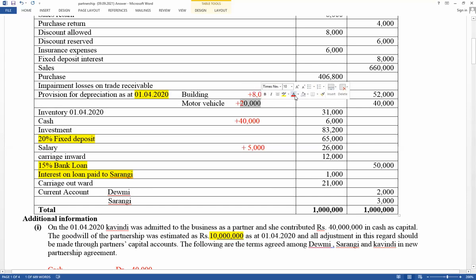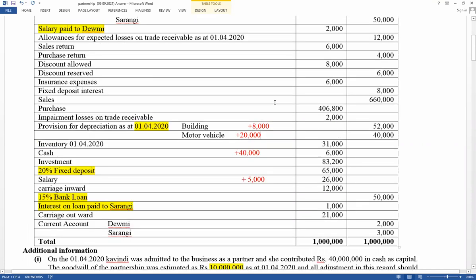Think annual depreciation should be included in the income statement. Building depreciation under administration, motor vehicle depreciation under distribution, and as accumulated depreciation, think closing balance. 52,000 plus 8,000 equals 60,000, and 20,000 plus 40,000 also equals 60,000.